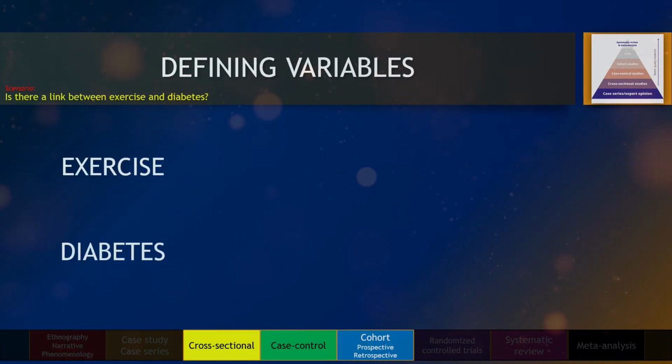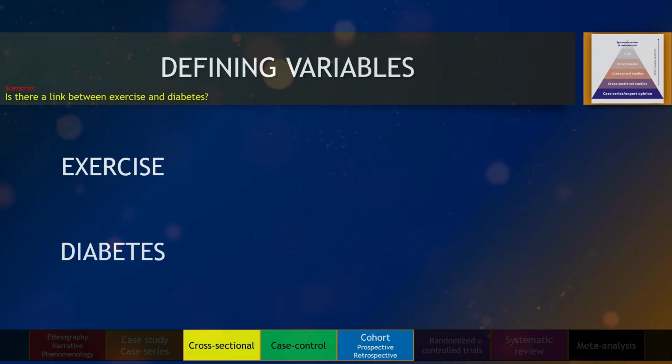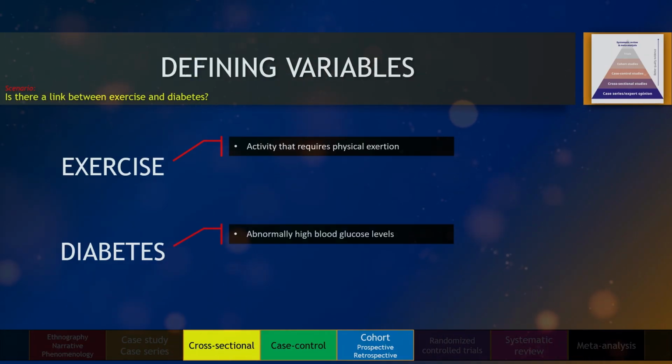When we define variables, we have to know their conceptual definition first, or how they are understood in broader society. For instance, exercise can be defined as activities that require physical exertion, such as weightlifting, jogging, or swimming, while diabetes, on the other hand, can be conceptually defined as having abnormally high blood sugar.